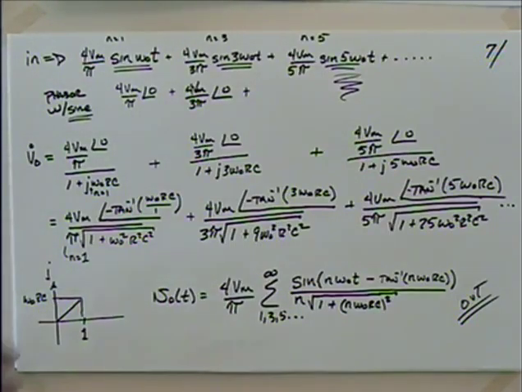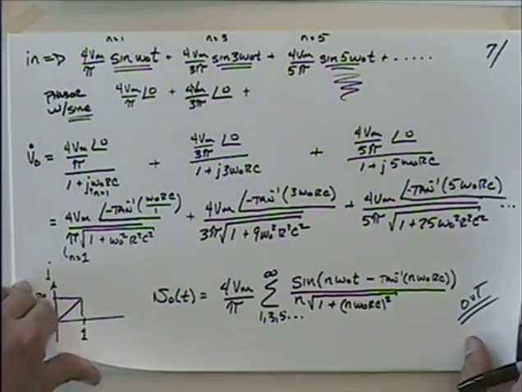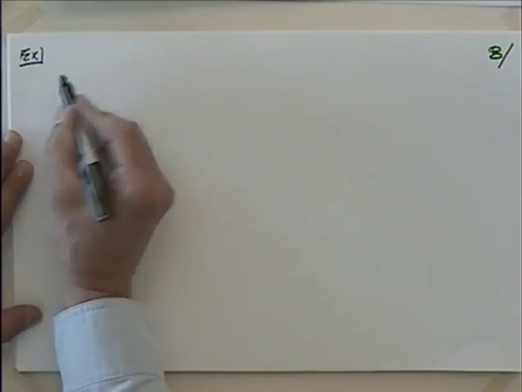Well, the last problem that we'll do for today, it won't be quite as involved as this, but it's going to be a little different way to look at things. So let's say that I have a Fourier series representation.